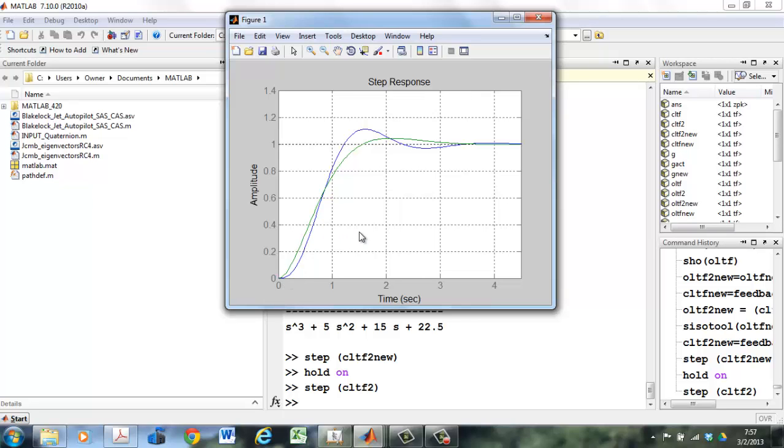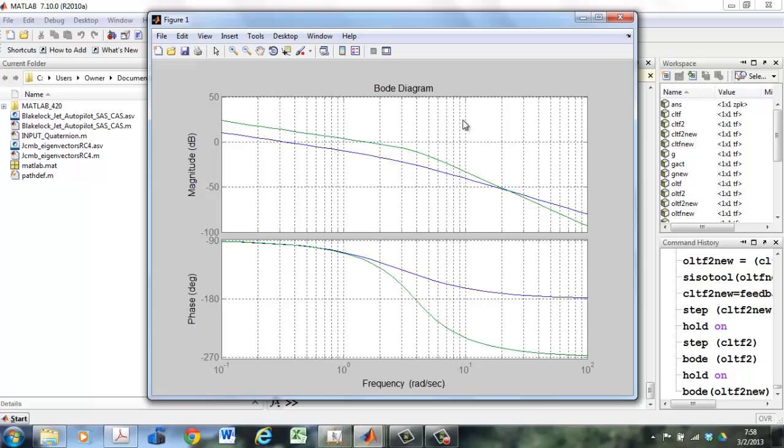And here's the Bode plot. The green line on top is without the actuator, and the system with the actuator is on the bottom. And notice how the phase, as we expect, drops 90 degrees because of the actuator. Their phase angles are the same at crossover, but there is a loss of gain.